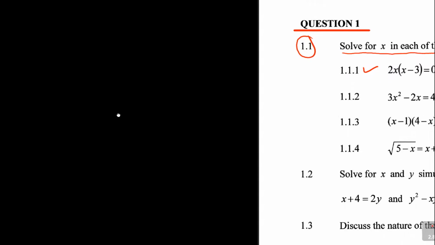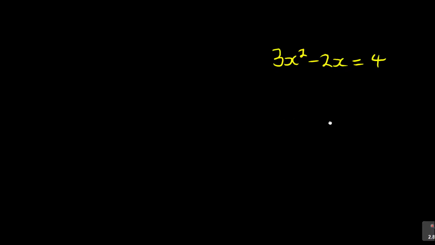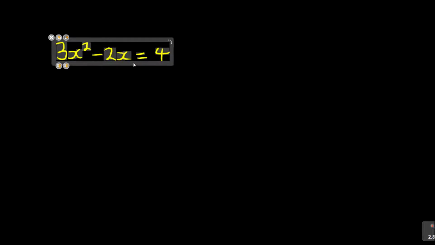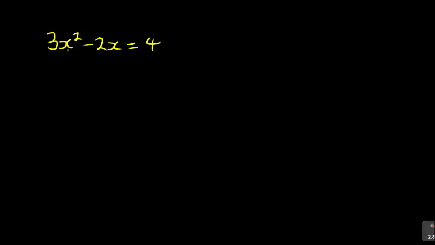So let us look at that. What am I given? I'm given 3x squared minus 2x is equal to 4. Now whenever you're given this, it is very, very important for you to understand that this comes from the quadratic equation, and let's come to the general quadratic equation.